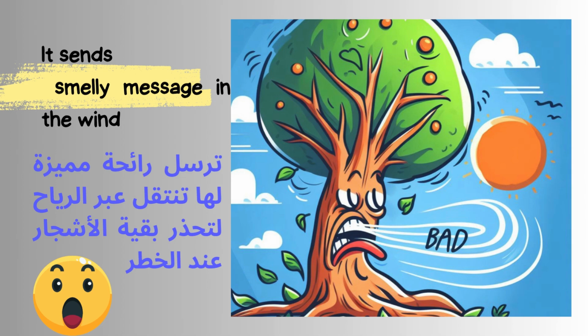What is the meaning of sending smelly messages? It produces an odor, okay? That is very characteristic of the acacia tree, and this odor travels with the wind to other acacia trees, and we will see why the acacia tree sends messages to the other acacia trees.